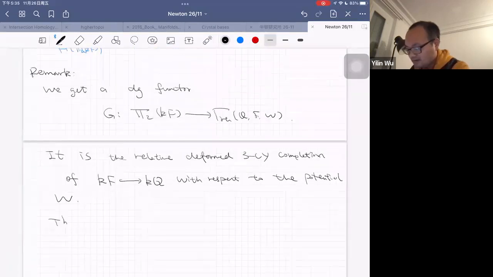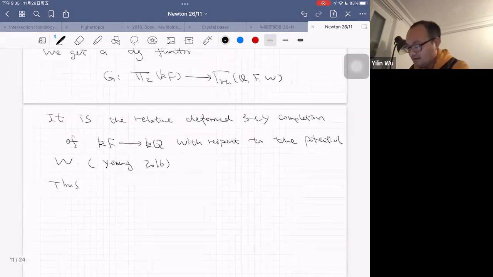This is due to Yeung in 2016. If it is a relative 3-Calabi-Yau completion, then by Yeung's result, G has a canonical 3-Calabi-Yau structure.